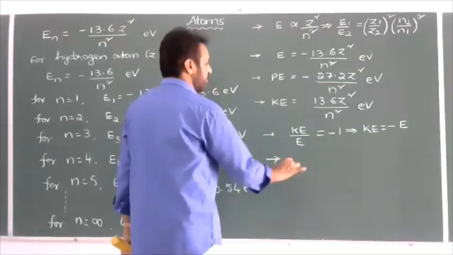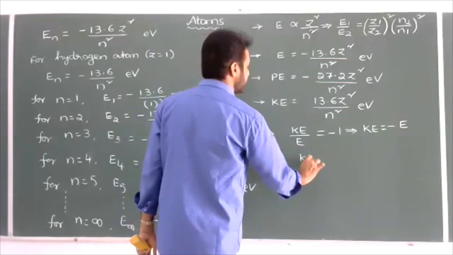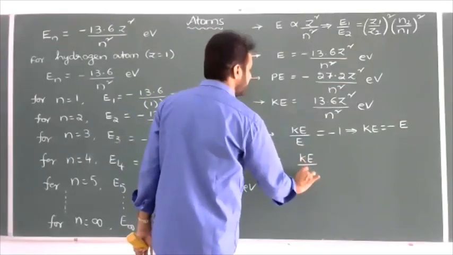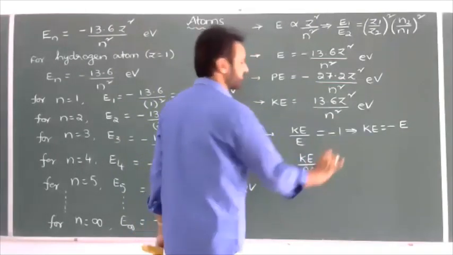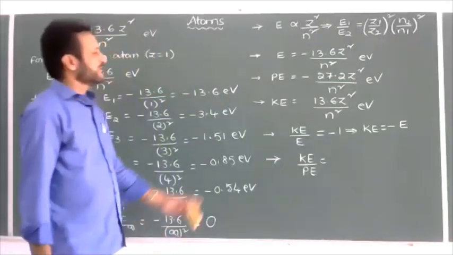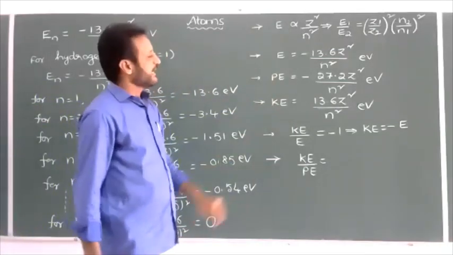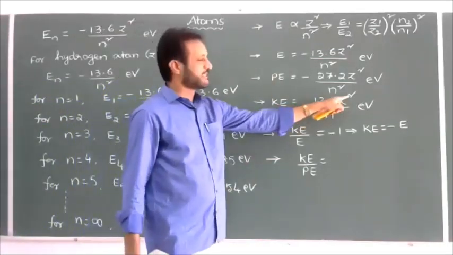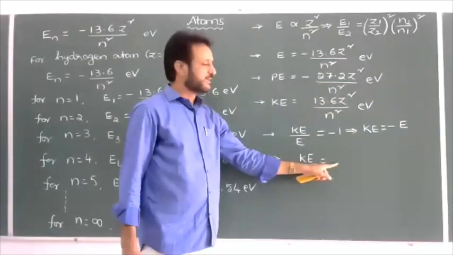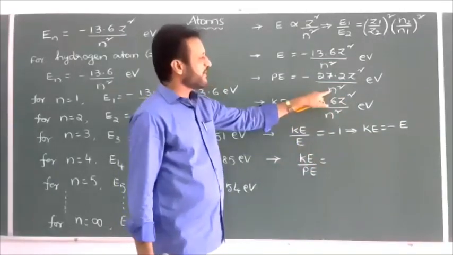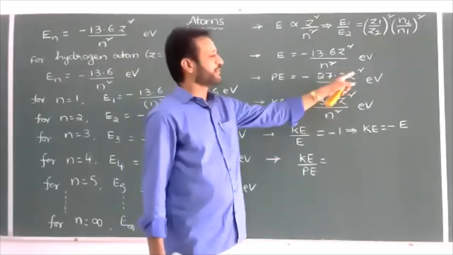Same model, what is the ratio of the kinetic energy of electron to the potential energy of electron? We should divide these two values. In KE place you have to write minus 13.6 into Z square by N square, into N square by minus 27.2 into Z square.